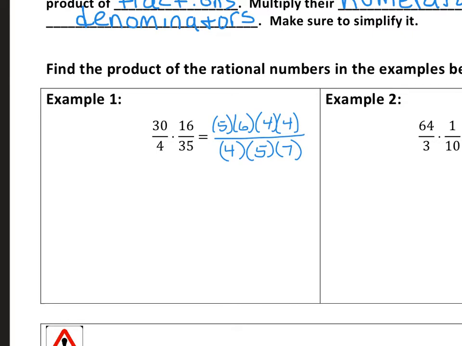We have a set of 4s here that can be reduced, and we have a set of 5s here that can be reduced. And what's left over, if we don't have any more common factors that can be reduced, then we multiply back together. So 6 times 4 in the numerator would give us 24, and the only thing we have left in the denominator is 7.